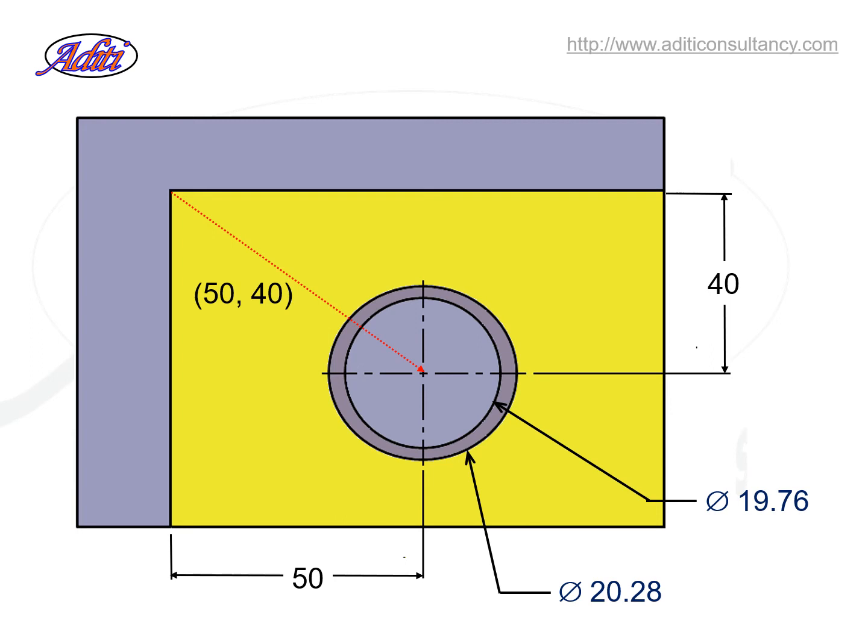Let us see how the design of these two parts will always make the assembly possible without any interference. In this figure, we see the axis of the hole and axis of the spigot are positioned with respect to the two side butting datum surfaces using common XY coordinates, that is 50 and 40 mm. In the actual manufactured part, there will be variation in these two coordinates apart from the variation in the diameter of both the features.